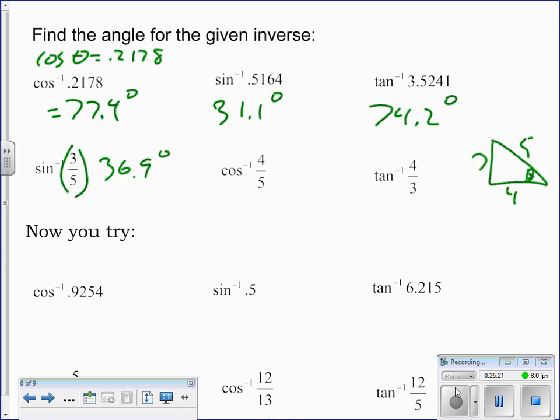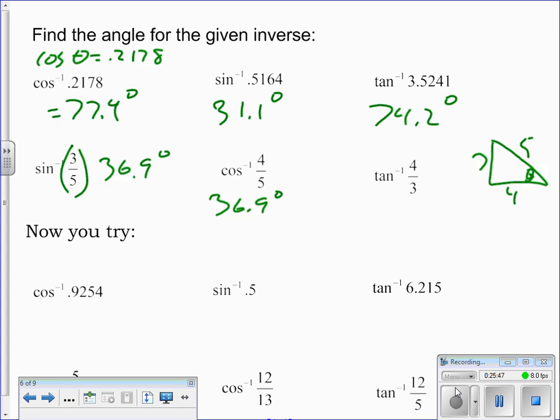And do the same thing for the cosine. Shift inverse cosine, parentheses 4 divided by 5, and you get the same angle measurement, as you should, because the cosine of the same angle is that. Although I screwed up on the tangent, it will not be the same angle, but it will be the complement.